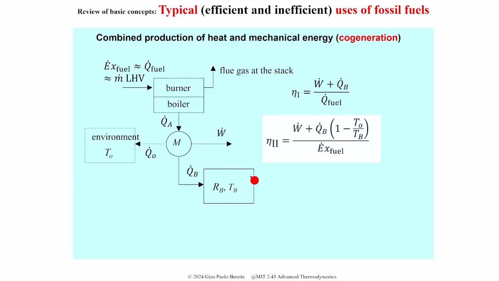And therefore, this becomes a second product, or say a byproduct. The second law efficiency then has at the numerator the exergies of the two products: work for the exergy of the electricity, and heat times its Carnot coefficient for the exergy of the heat, divided by the fuel.